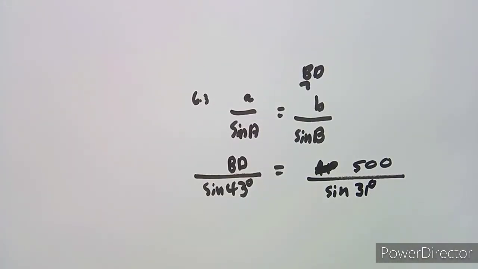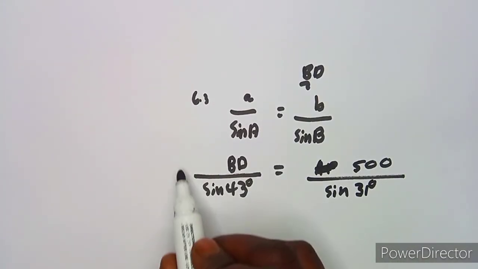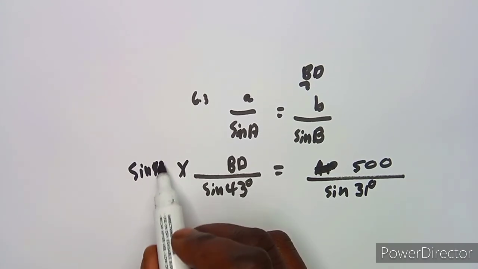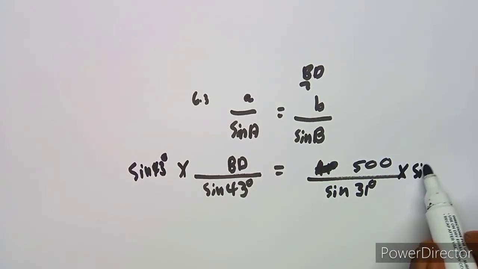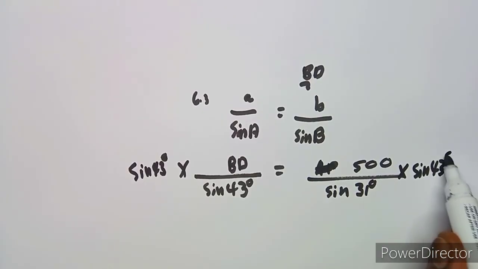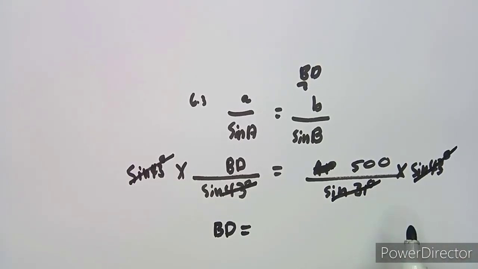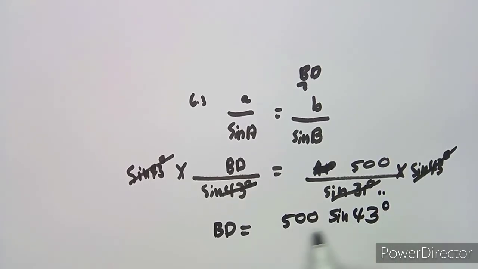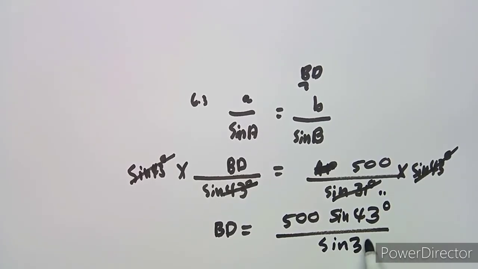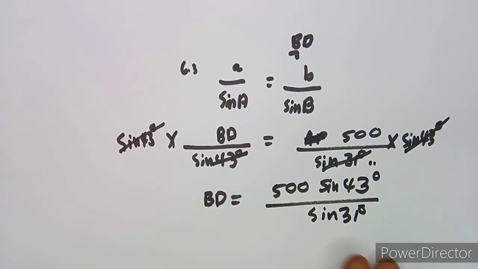So I can calculate BD: multiply by sine 43 degrees both sides, so this is going to cancel. So BD will be equal to 500 sine 43 over sine 31. No guys, this one cannot cancel, sorry. It's only this side here which cancels. Remember the mind will be so tired. But that is what you're going to have here.